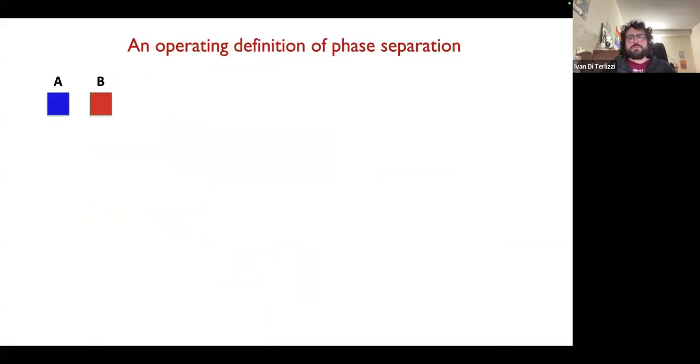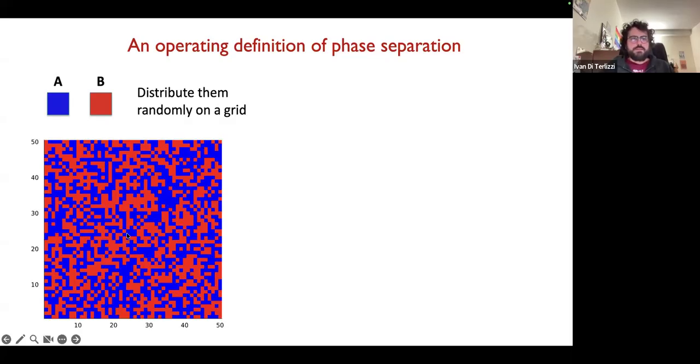From a mathematical point of view, we can try to describe a phase separation as the coexistence of two species. Let's call them A and B. You take these A and B and distribute them randomly on a grid, and you would obtain something like this. You see this is a homogeneous phase where more or less everything is homogeneously distributed.